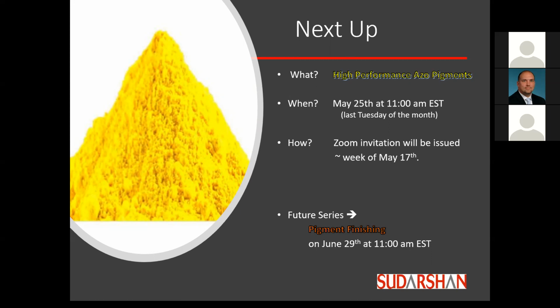And in future series, I'm going to mix it up a little bit and talk about pigment finishing in the June edition of this webinar series. So that should provide you a little better look into the impact of how a pigment is finished and how it impacts the end application.